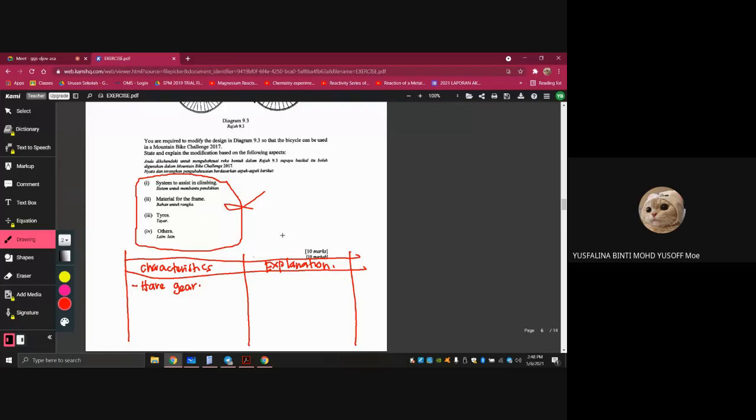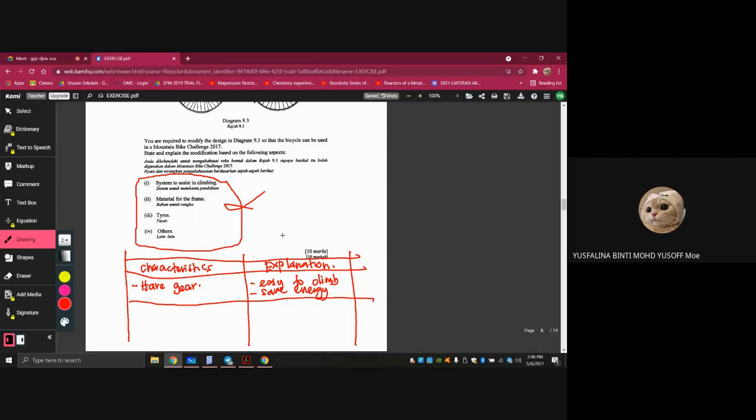The explanation is easy to climb, or you can say save energy. If you don't have gears, you have to cycle very hard to get to the top of the mountain. So have a gear just to save energy. That is the first characteristic.